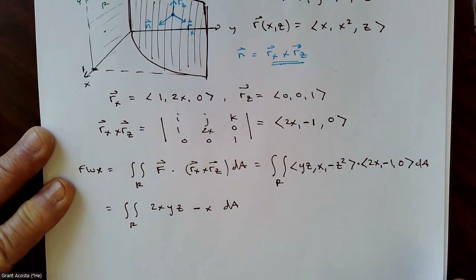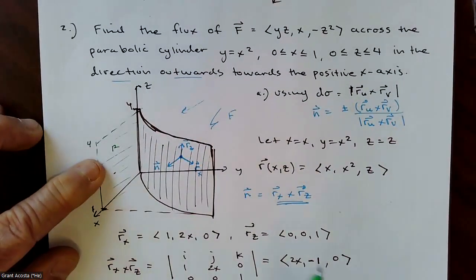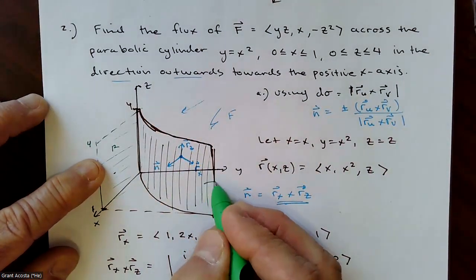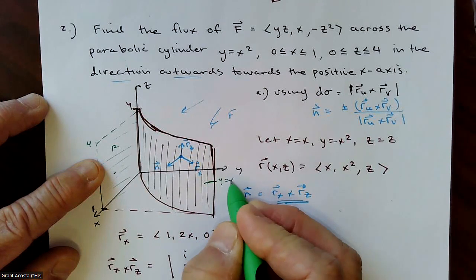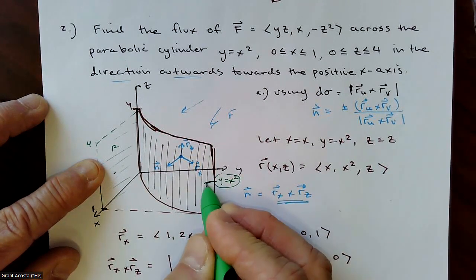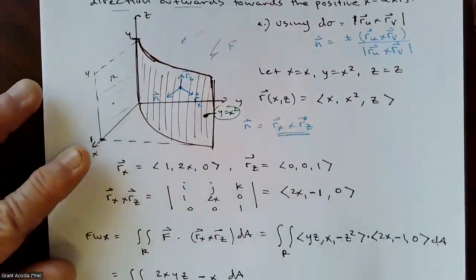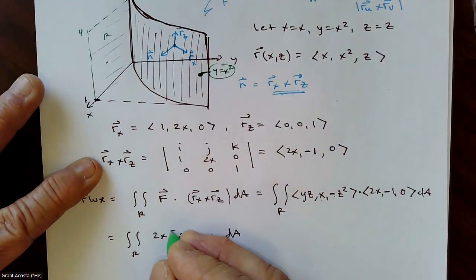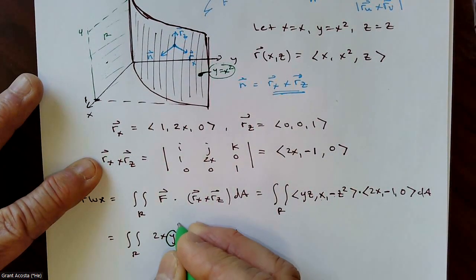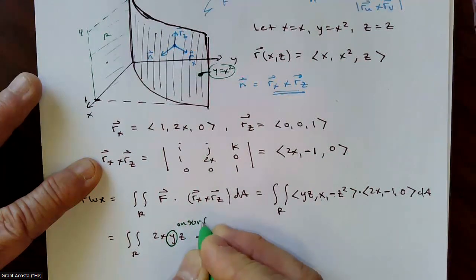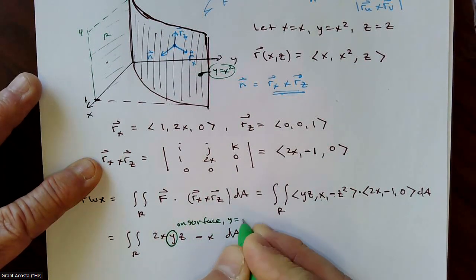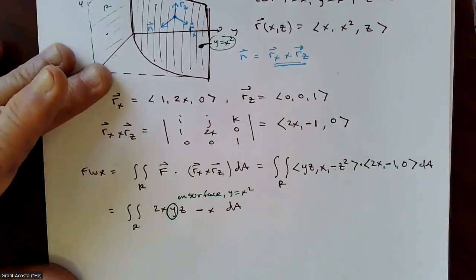But in my integral, I have y in there. So what we want to note is, I know this is the projection region, but on this surface, what's the equation of this surface? It's y equals x squared. Any point that's on the surface, so we get to replace this. y is equal to x squared.